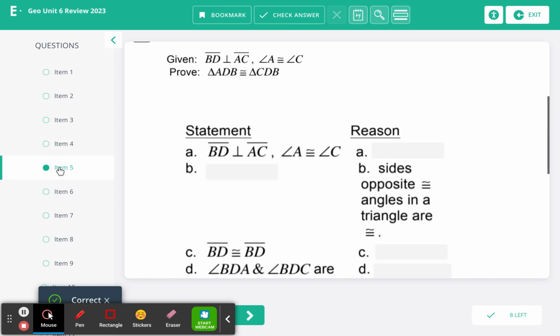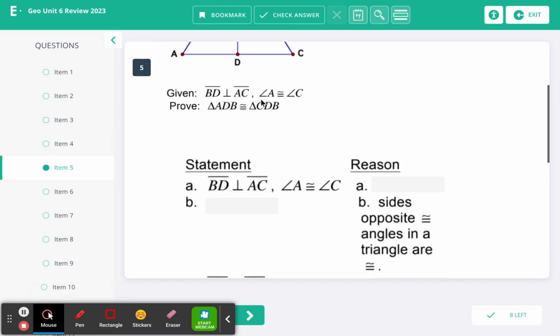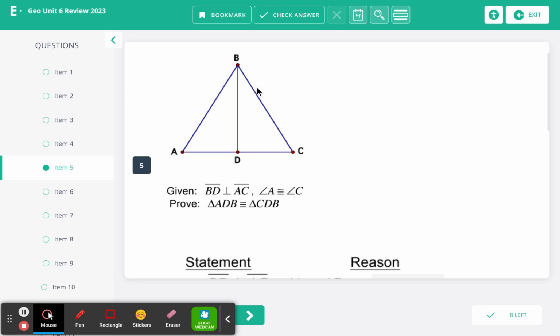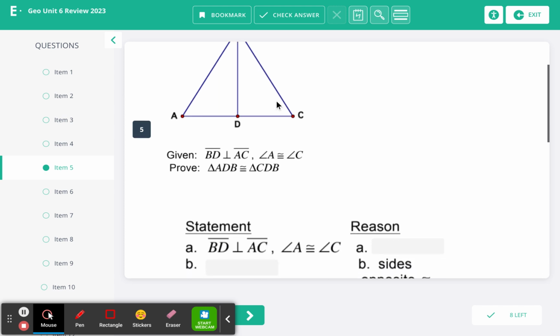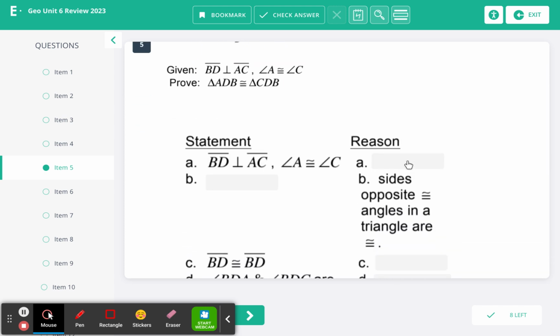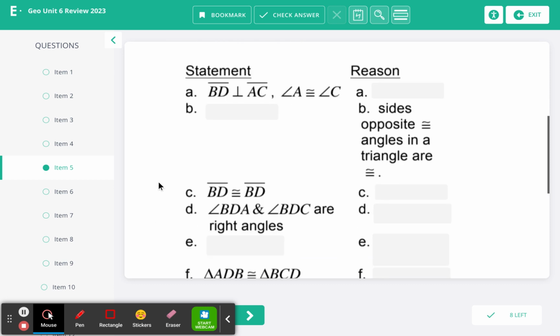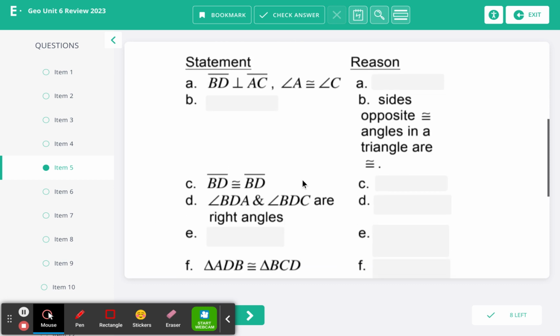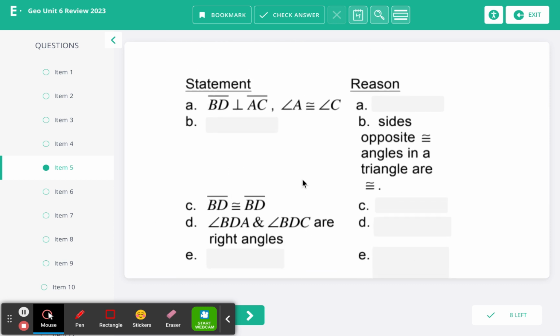Number 5. One other thing about the test you're going to be taking: make sure that with every proof, you do your best, and I would, at the very least, mark down all the parts that you know are correct, especially given parts or maybe the finishing statements, because you get partial credit for everything you get right.